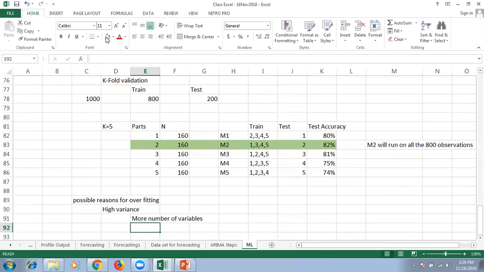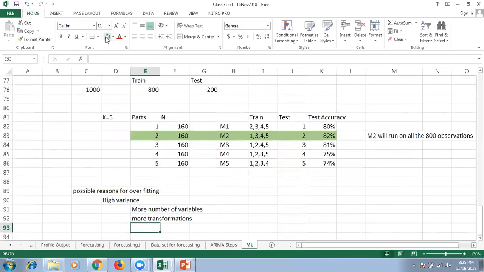More number of variables, and more transformations. These are the 2 reasons you get a high variance model. Correct? And the second reason is low data. Less amount of data. While you're building a model itself, you are not having too much data.